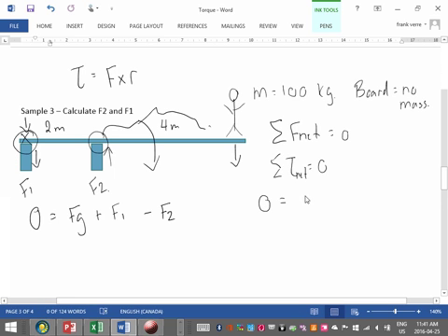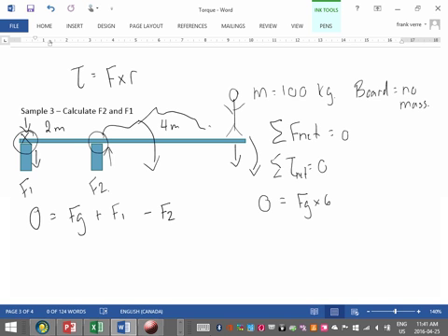6 meters. So if we say that the weight of the person times 6, that could be one torque, right? We've got a force over a distance. And that will cause my diving board to rotate this way, correct? Now this force would cause the diving board to rotate which way?